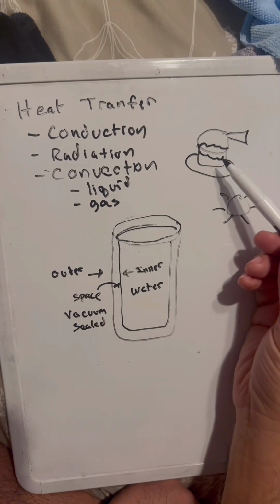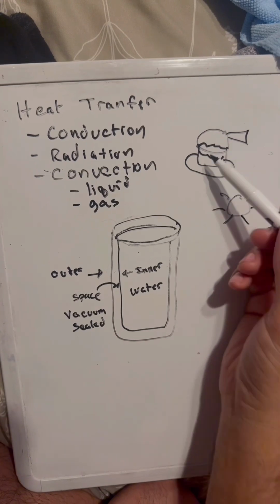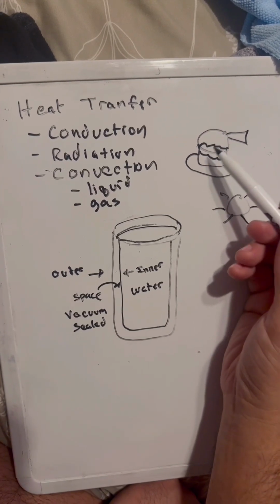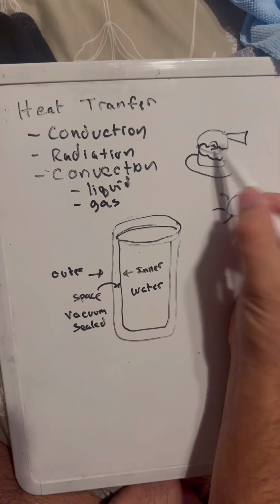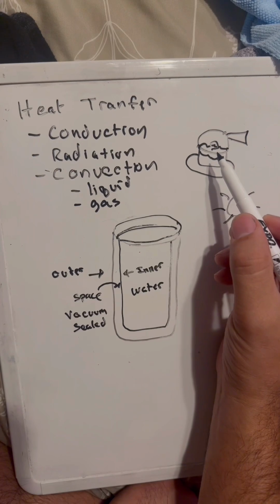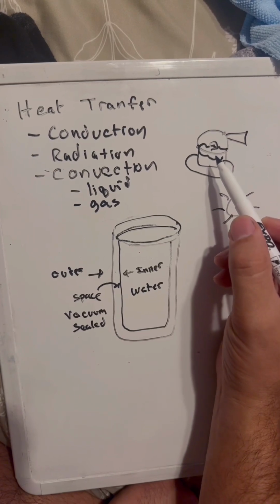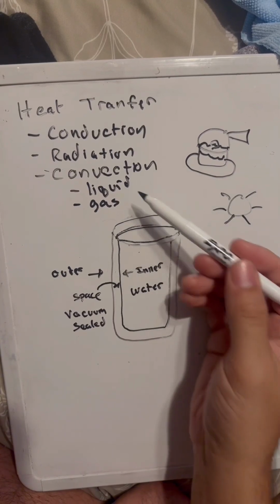Since the water does not have direct contact to the heat, which is the stove, that's called convection, and the water circulates within the pot. If you put food inside that water, let's say an egg, that egg is cooking through convection, which means it receives the heat through the water. That type of convection is through liquid.